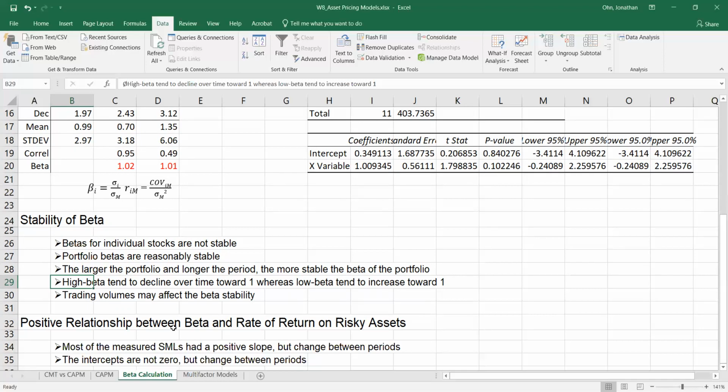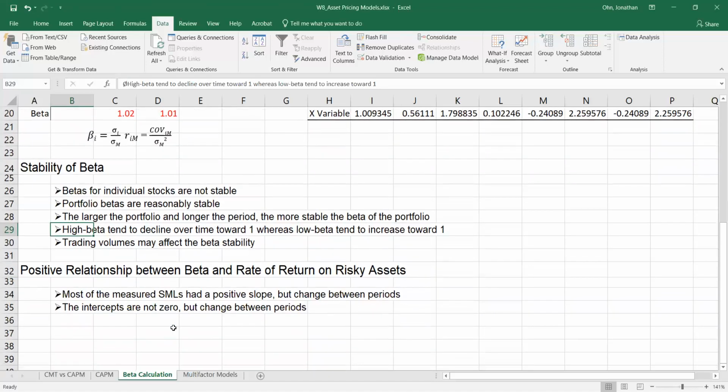Trading volumes may affect beta stability, and there is a positive relationship between beta and rate of return on a risky asset, of course. So mostly the beta is positive, but if an asset is moving in the opposite direction to the market, it will have a negative value.